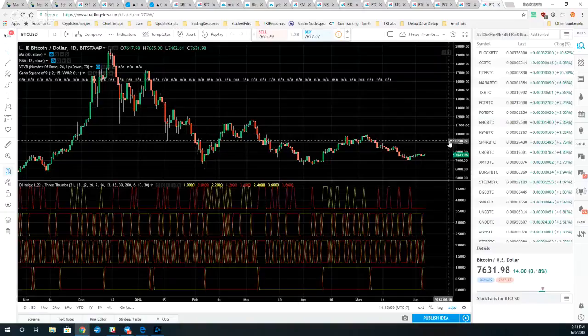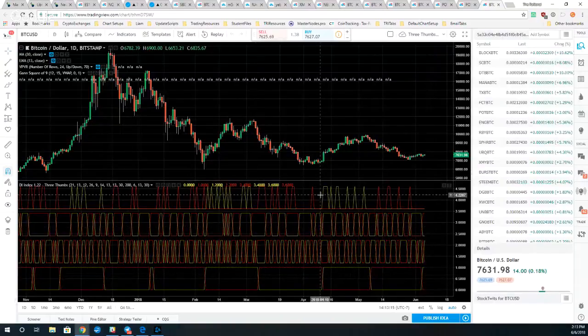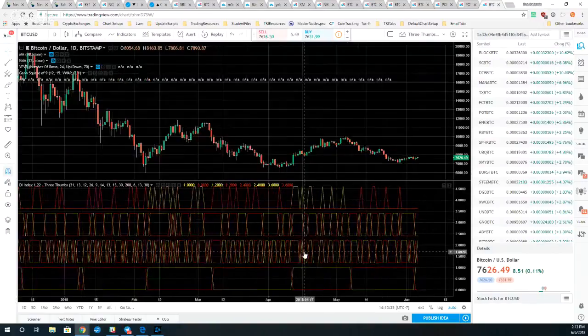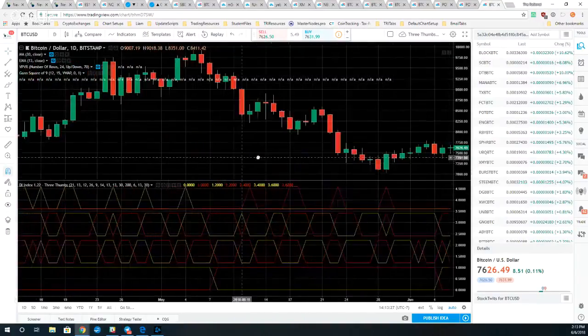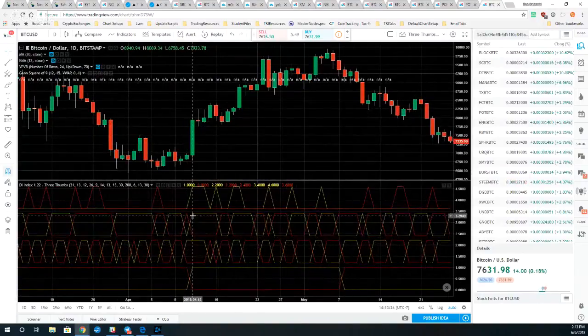There we go. This is what I was looking for. If I'm not mistaken, Sen set it up a certain way, but this has all three different time frames on one, and then it gives you a cumulative. So when the daily turned up, you can see the 4 hour turned up, and then the hour turned up here.